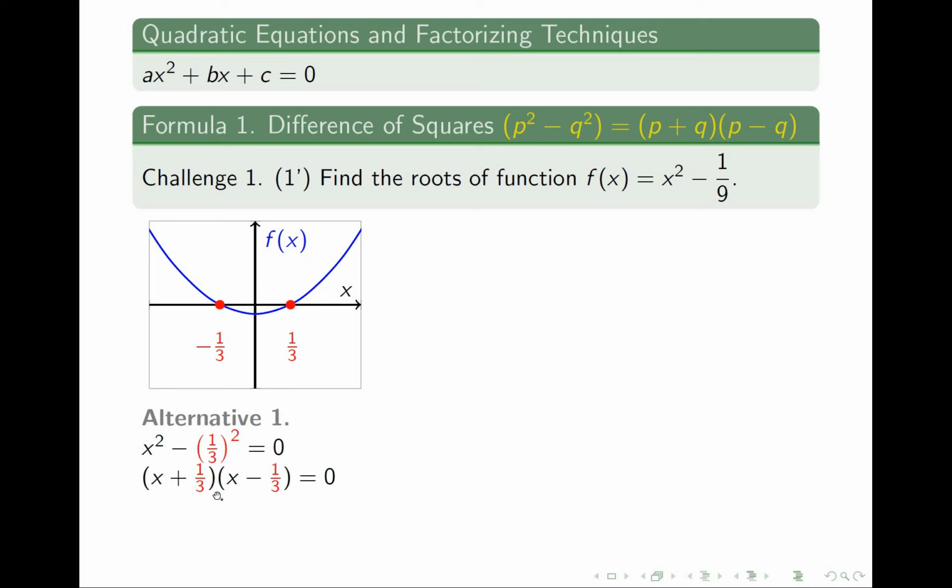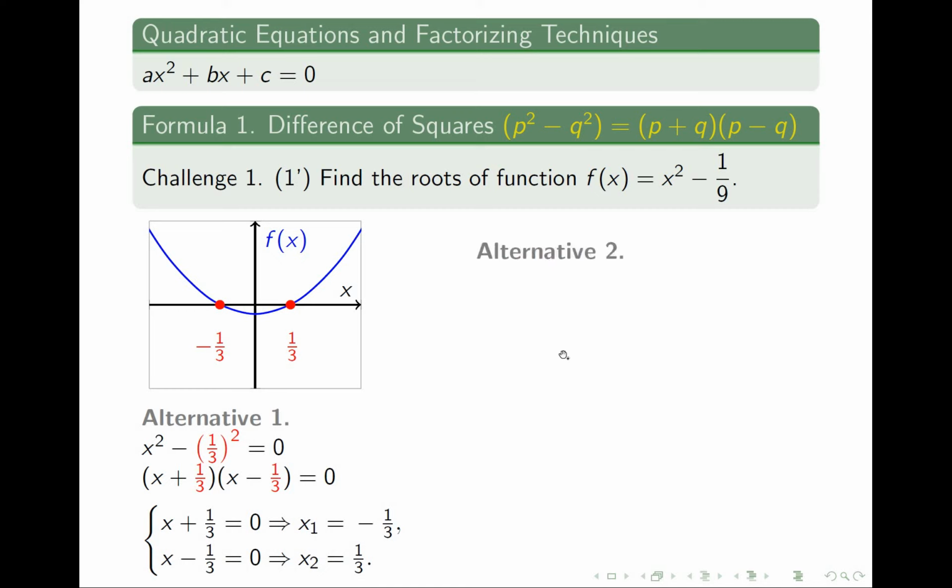So again, either the expression in the first pair of parentheses should be 0, or the expression in the second pair of parentheses should be 0. So we get x plus 1/3 has to be 0, which gives one root, which is equal to minus 1/3, or x minus 1/3 should be 0. If we add 1/3 to both sides, we get the second root, which is equal to 1/3.